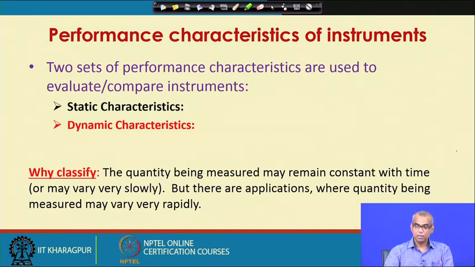But when the quantity being measured is changing very rapidly, it is natural to consider a set of characteristics which is separate from static characteristics. Accordingly, we classify them as static characteristics and dynamic characteristics.